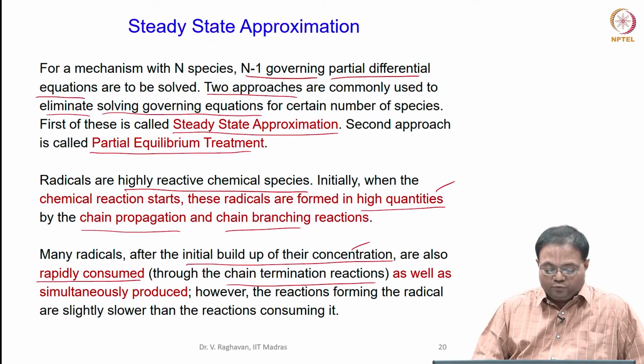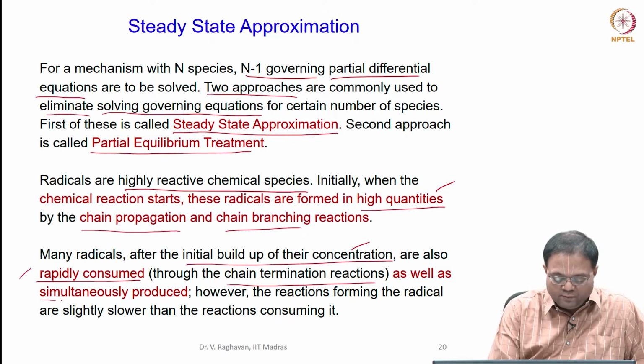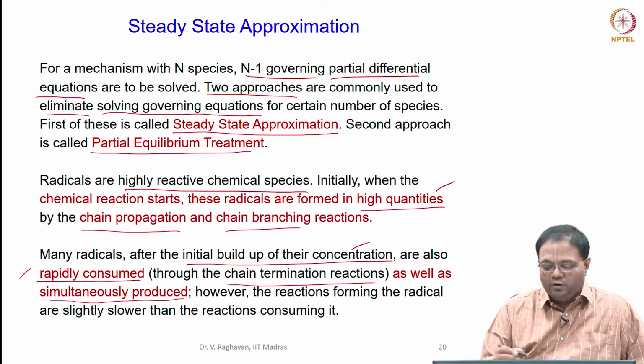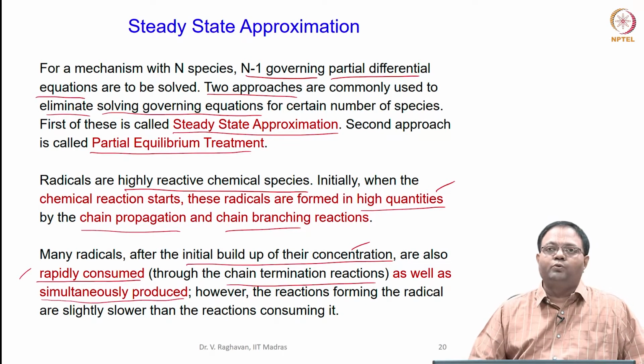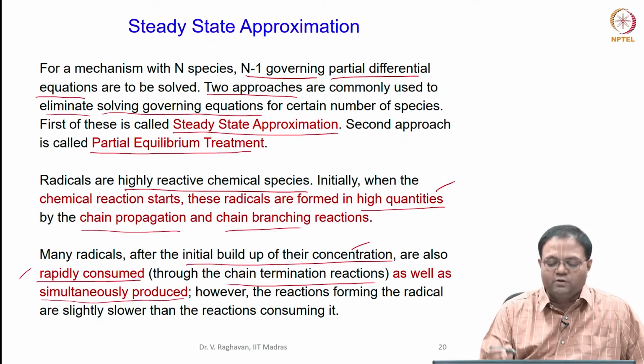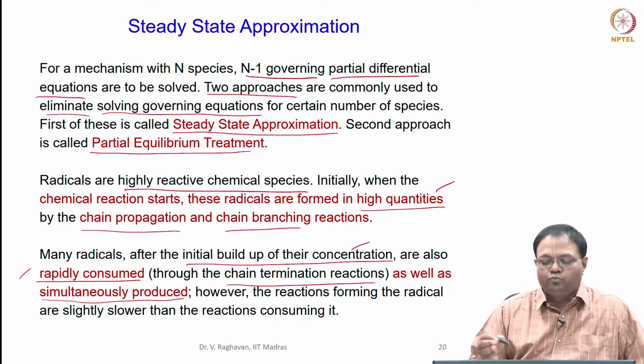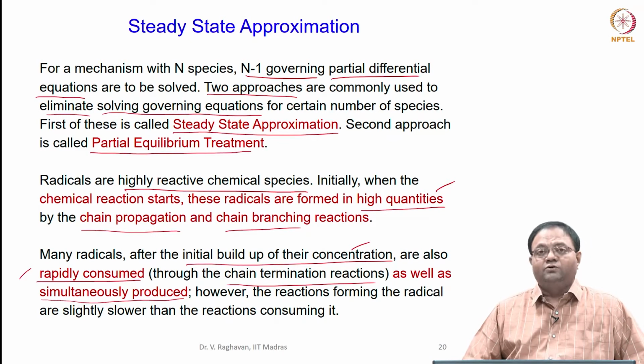Once a radical is consumed, it is also simultaneously produced, because the other reactants are still there and produce radicals through propagation and branching reactions, which are consumed by termination reactions and so on. So, production and consumption occur simultaneously.